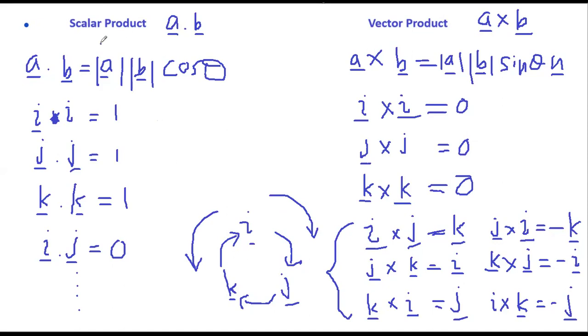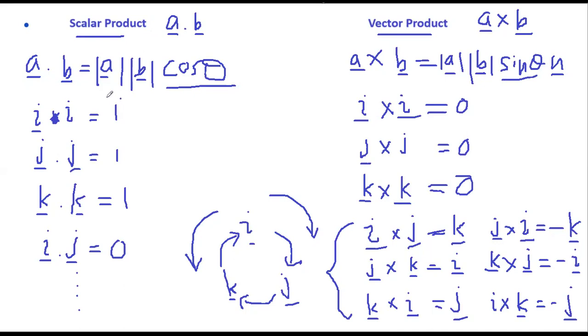In multiplication of vectors, there are two types, scalar product and vector product. Scalar product is only a scalar value, but vector product is another vector perpendicular to A and B. In scalar product, we use cos theta, but in vector product, we use sin theta.